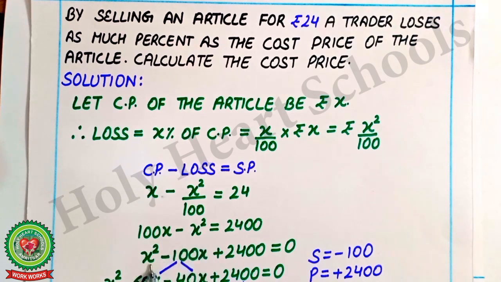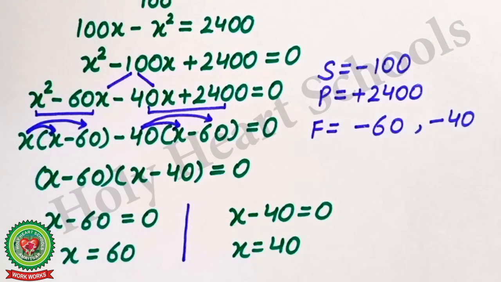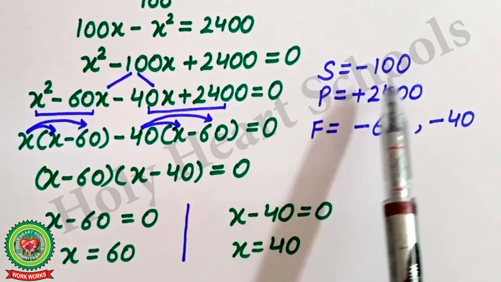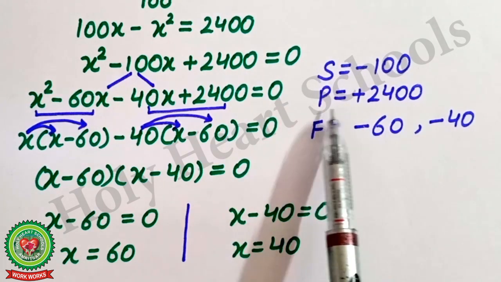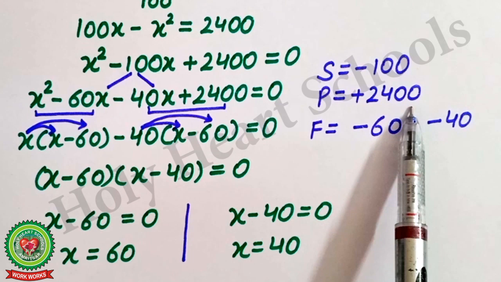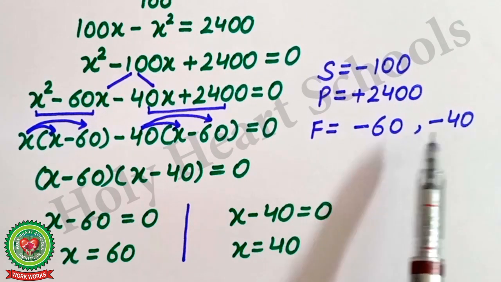Then x square minus 100x plus 2400 equals 0 after collecting all the terms. Now this is again a quadratic equation. By using the factorization method, the sum is minus 100, the product is plus 2400, and the factors are minus 60 and minus 40.